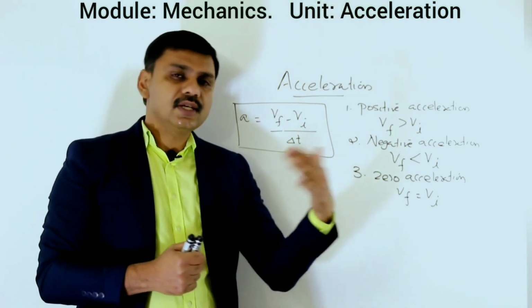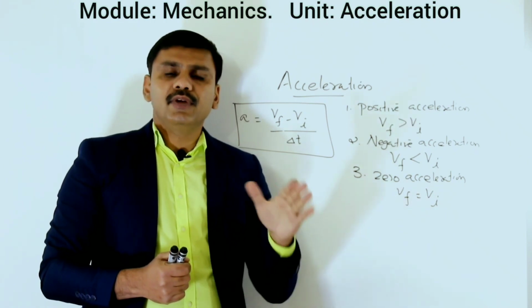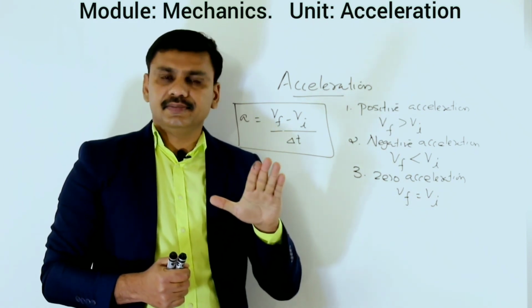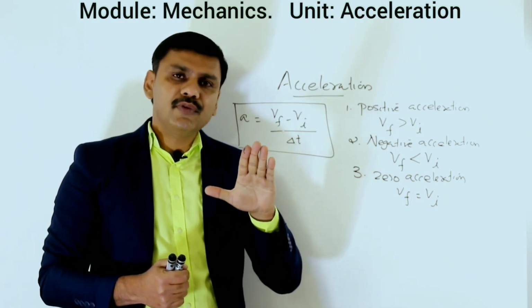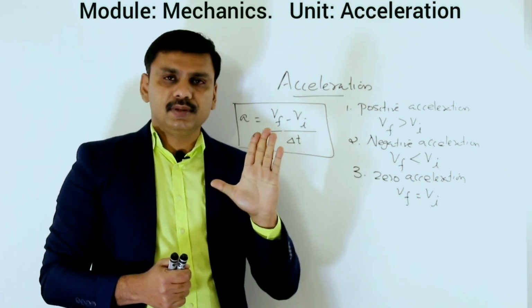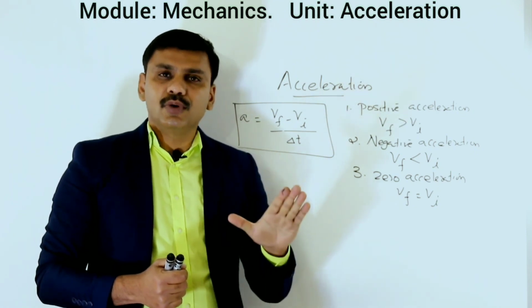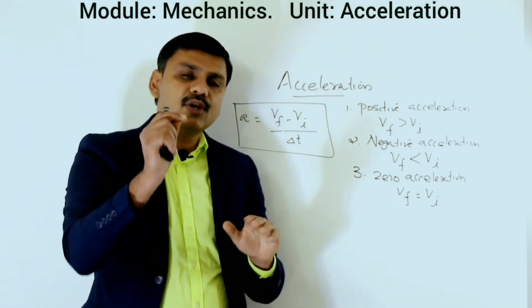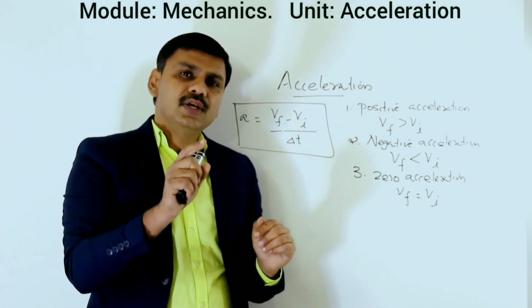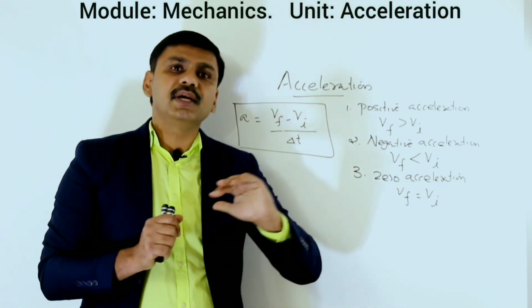Negative acceleration means as time increases, the speed of the object reduces and finally comes to rest. Then zero acceleration means we are keeping the accelerator steady. We are not moving it down or up. When you check the speedometer, you can see the speed of the object remains the same as time increases.